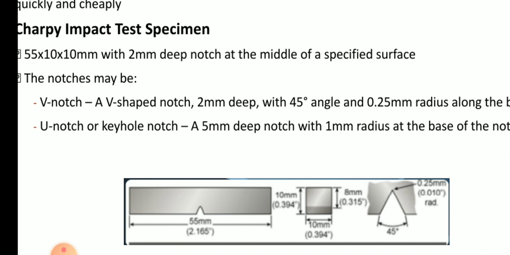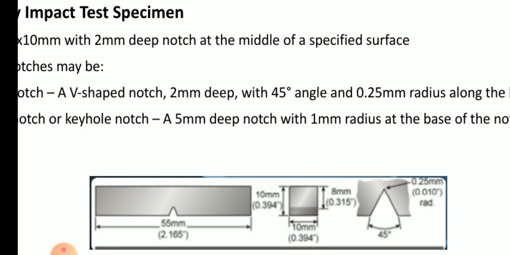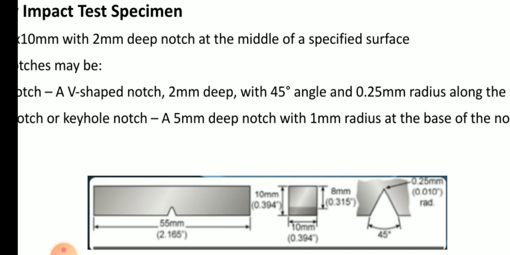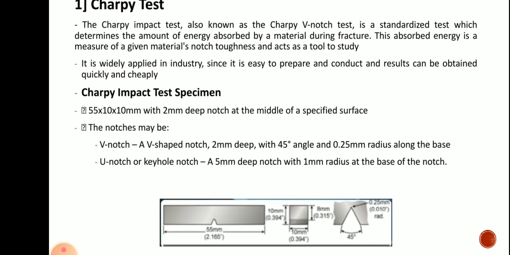That V notch has some specification: it is made with a 45-degree angle, 2 mm deep, and having a base radius of 0.25 mm, as you can observe in the diagram. So the test sample taken for this Charpy test has length 55 mm, cross sectional area 10 mm by 10 mm, and a V notch exactly at the center with 2 mm depth, 45-degree angle, and base radius of 0.25 mm.